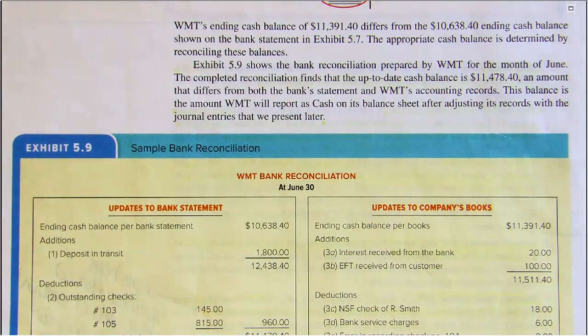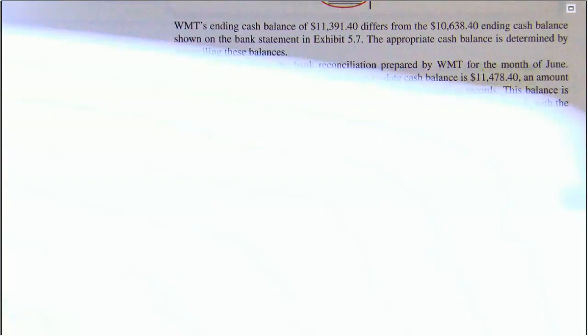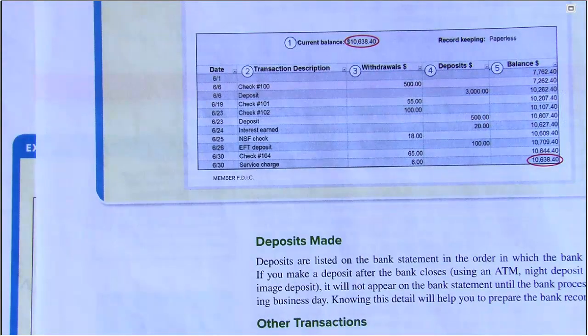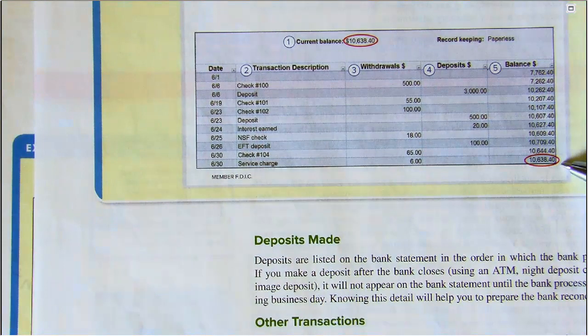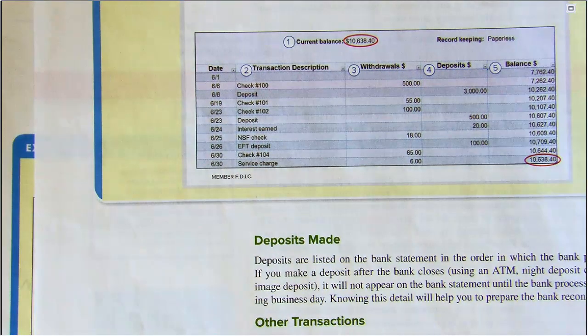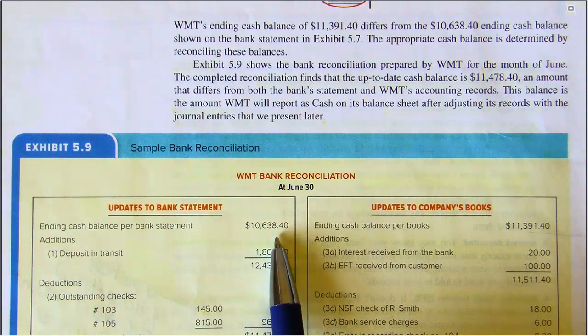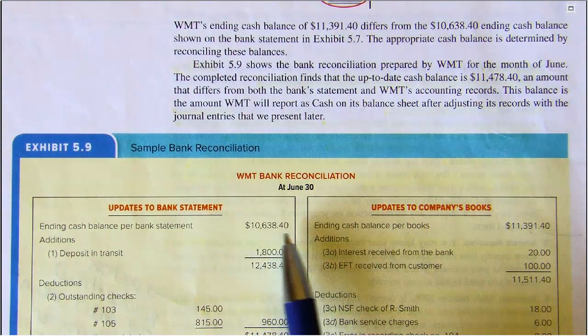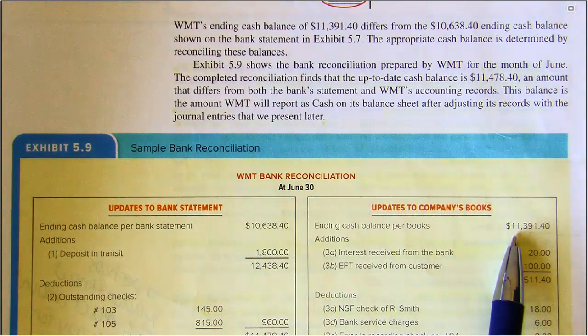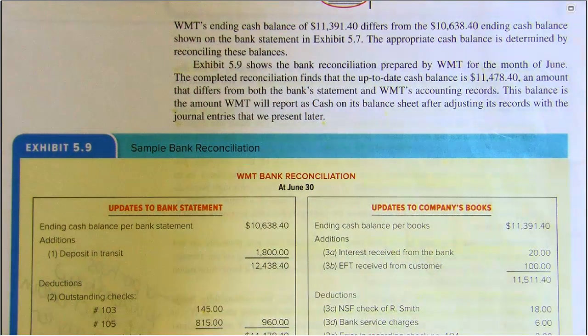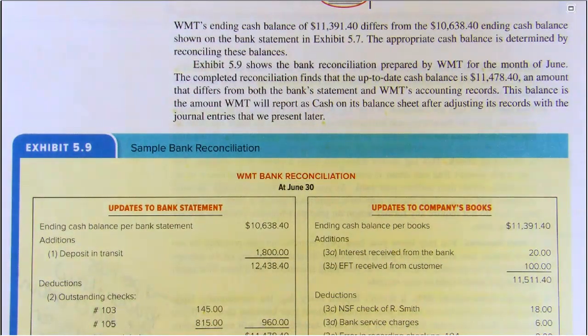Then we have to find our ending bank balance for the same date, $10,638.40, and that goes on the bank side of the reconciliation. And we can see right now that those amounts do not match. So we have to find what information is not the same.